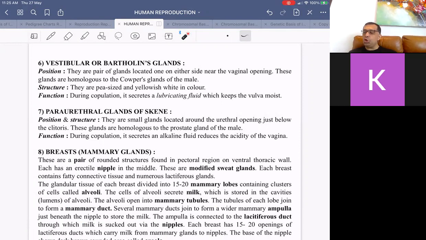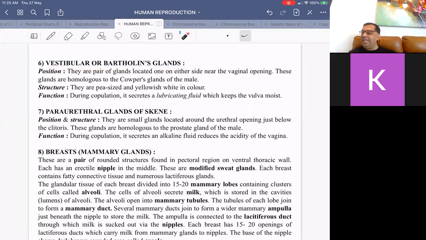In females, you have similar glands called the vestibular or Bartholin's glands, paraurethral glands of skin, and the breast or the mammary glands.